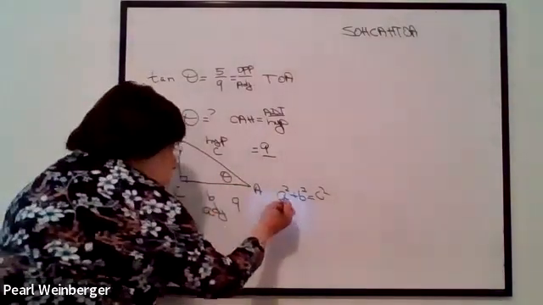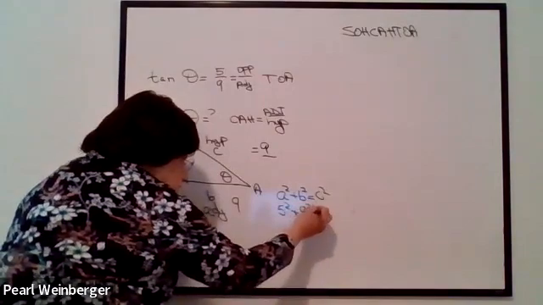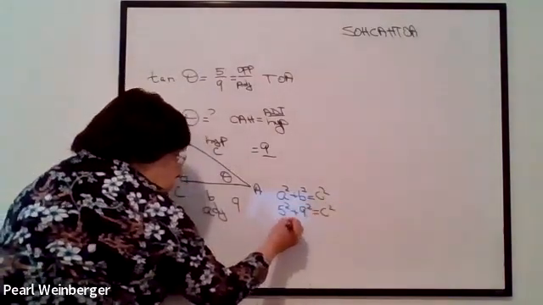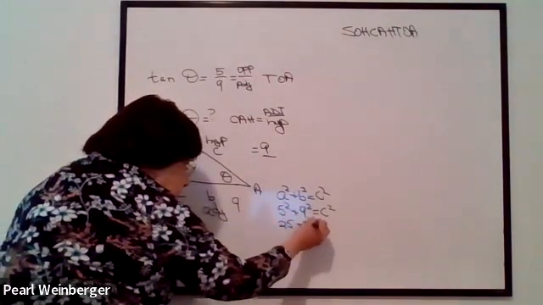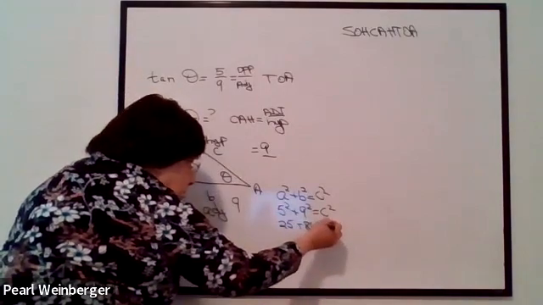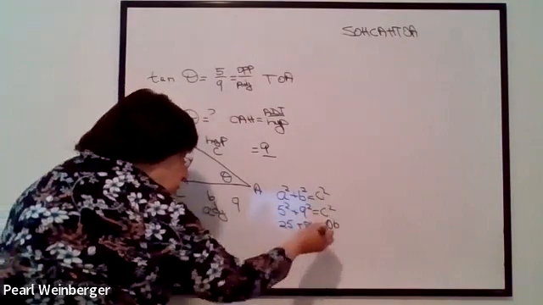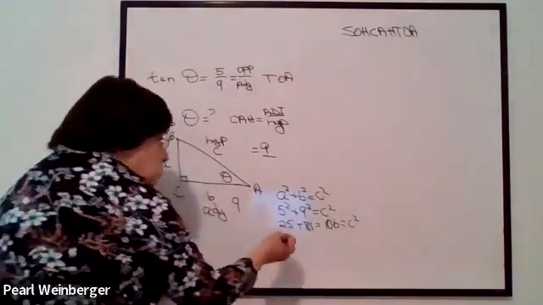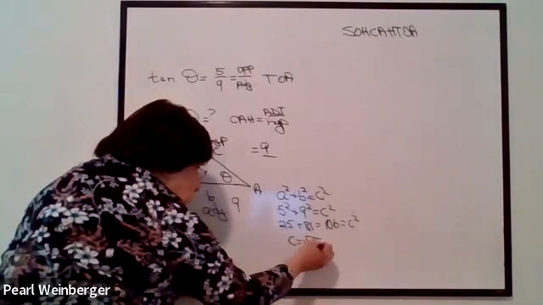So in this case, we're going to do 5 squared plus 9 squared equals c squared. So 5 squared is 25, and 9 squared is 81. If I add these together, I get 106. So that's what c squared is equal to. So c has to be the square root of 106.